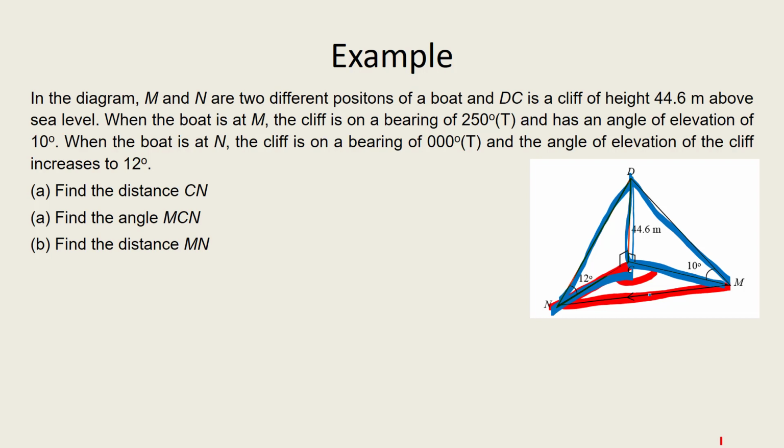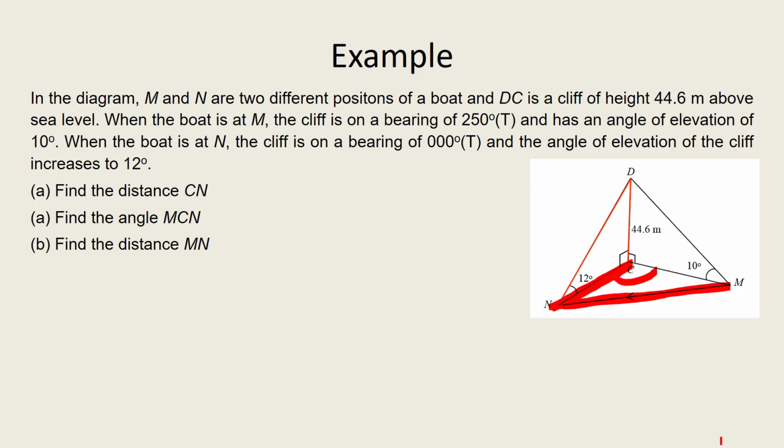We can use the triangle NCD to find the distance CN. We can then use the triangle MCD to find the distance MC. Afterwards, we can use the triangle MNC to find the distance MN. So that's how we are going to approach this question.